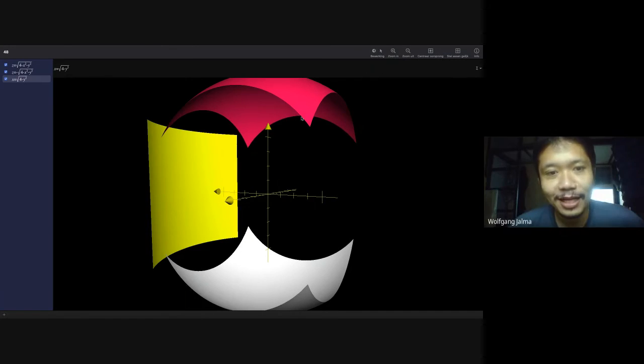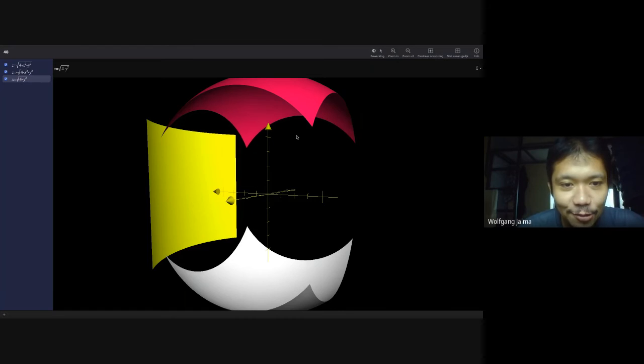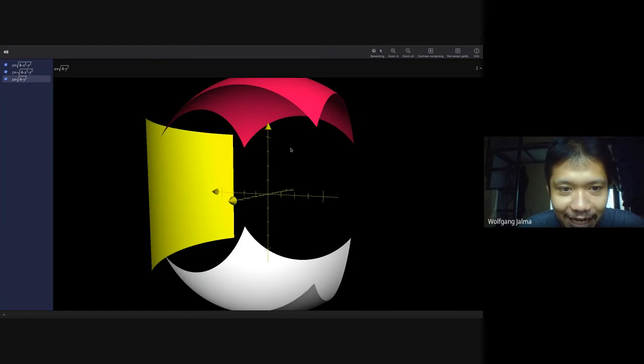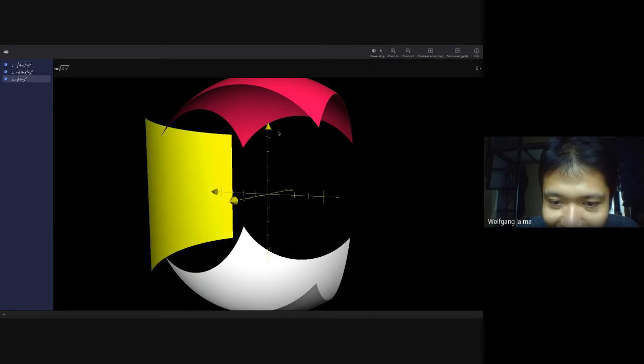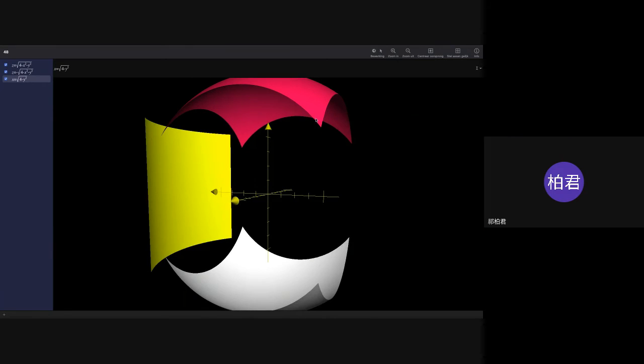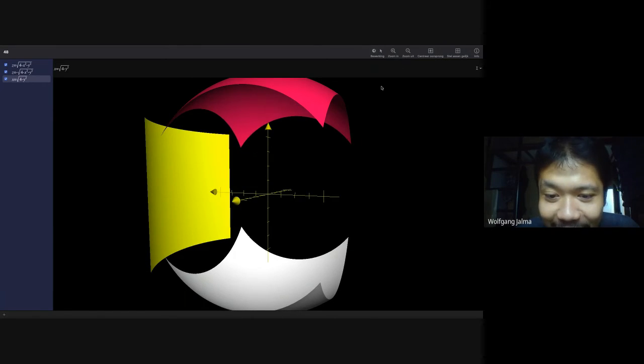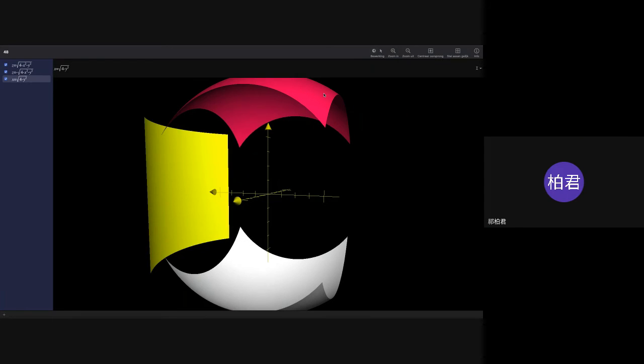Let me explain. Do you know why there is white at the bottom and red above and they don't touch each other, right? Yeah. Why don't they touch each other? Because one is positive, one is negative.